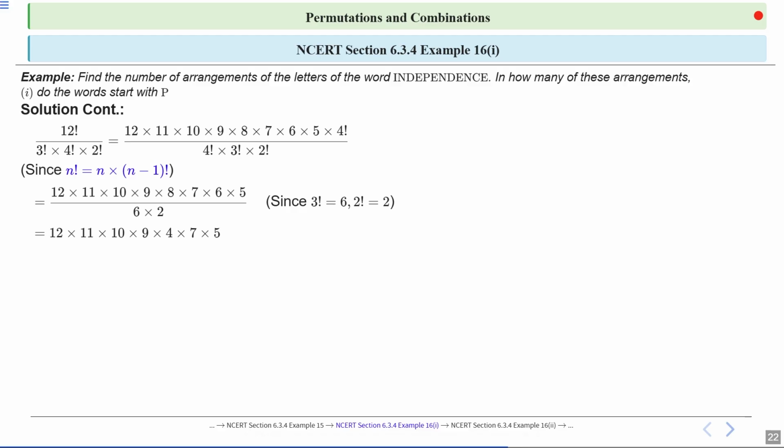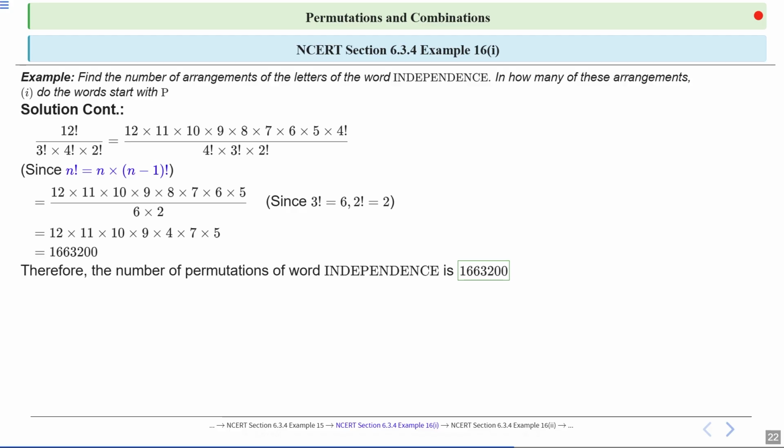Simplifying the calculation gives 12 into 11 into 10 into 9 into 4 into 7 into 5. This gives us 1663200. Therefore, the number of permutations of the word independence is 1663200.